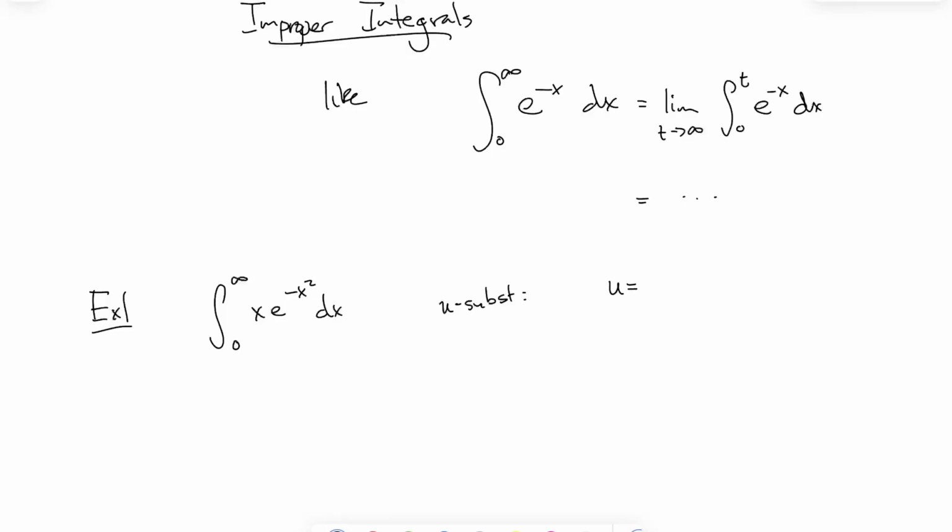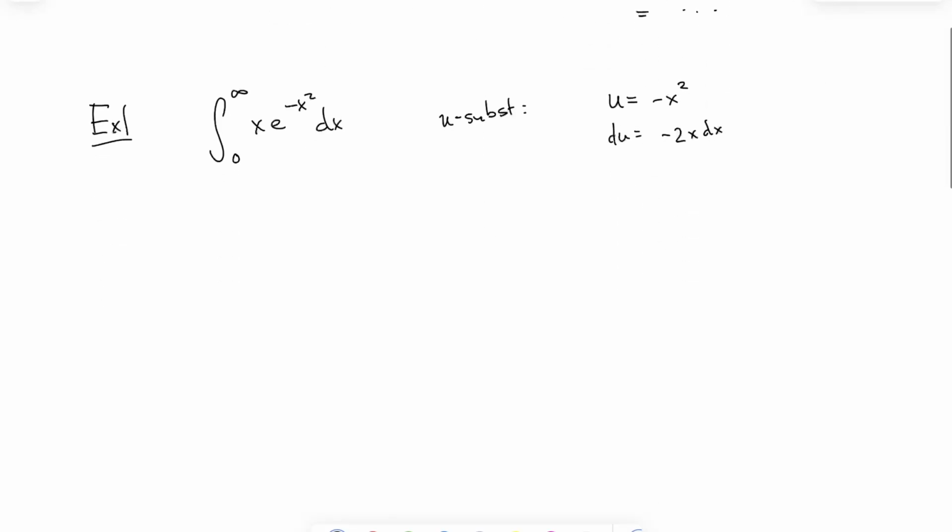As usual, we let U be the thing on the inside, and in this case, I'm referring to the inside of the exponent. So U is minus x squared, and then du is minus 2x dx. All right. Actually, I should have, even before really thinking about that, changed this to a limit, integral from 0 to t of x e to the minus x squared dx.